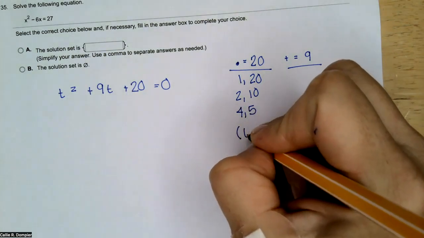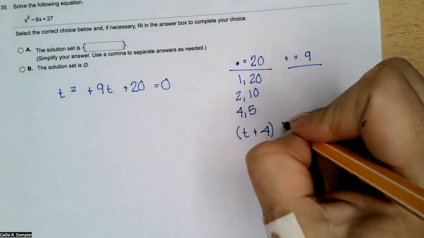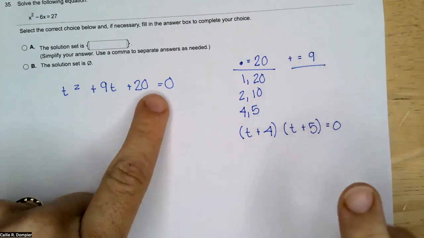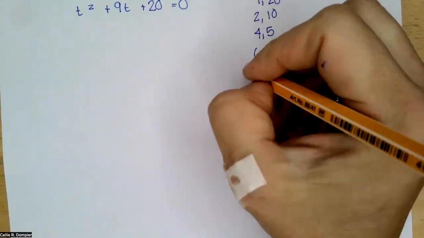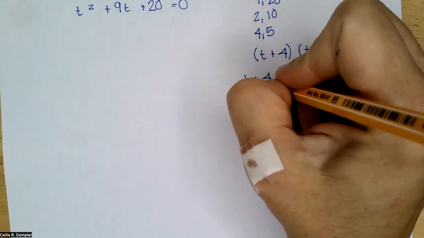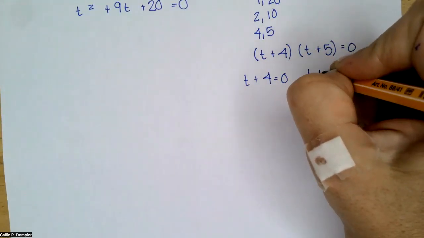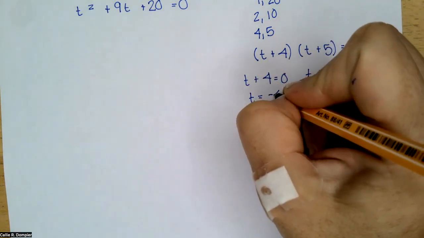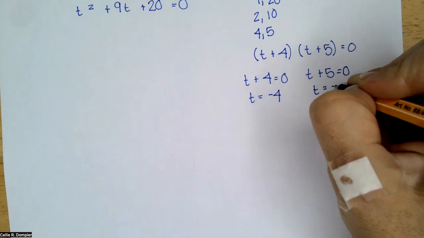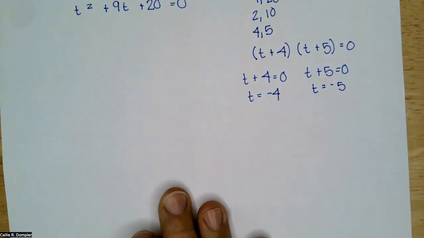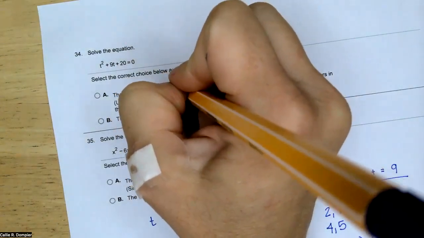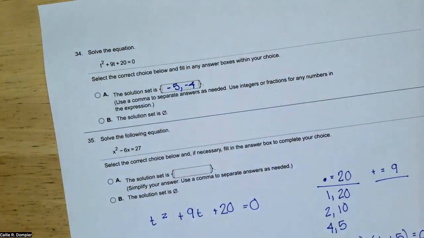So that is t plus 4 times t plus 5 equals 0. That means t plus 4 is 0 and t plus 5 is 0. So t is negative 4, t is negative 5. Good.